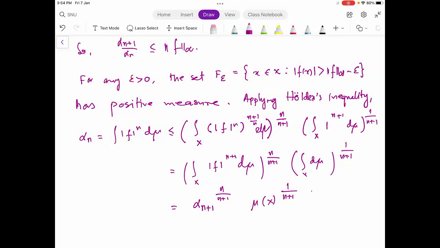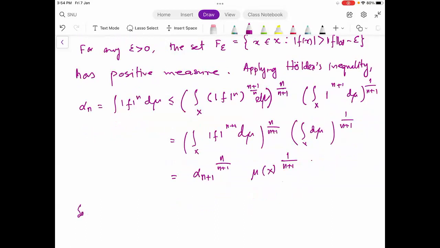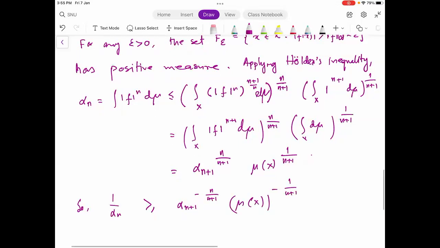So I have a relation: alpha n is less than or equal to something or other. So 1 by alpha n, which is our interest, because finally we have the ratio alpha n plus 1 by alpha n. So 1 by alpha n is greater than or equal to alpha n plus 1 to the power minus n by n plus 1 mu x to the power minus 1 by n plus 1.